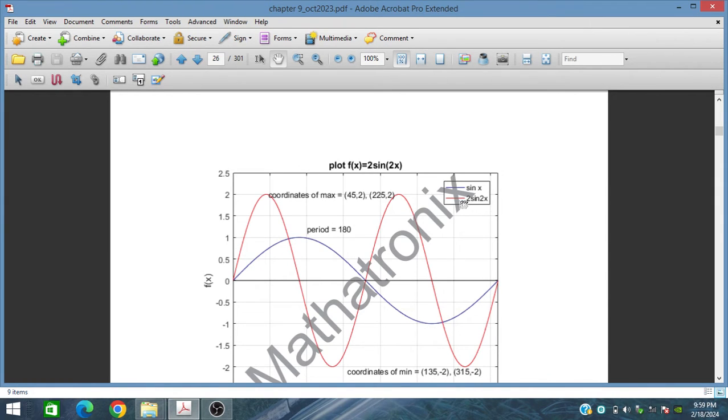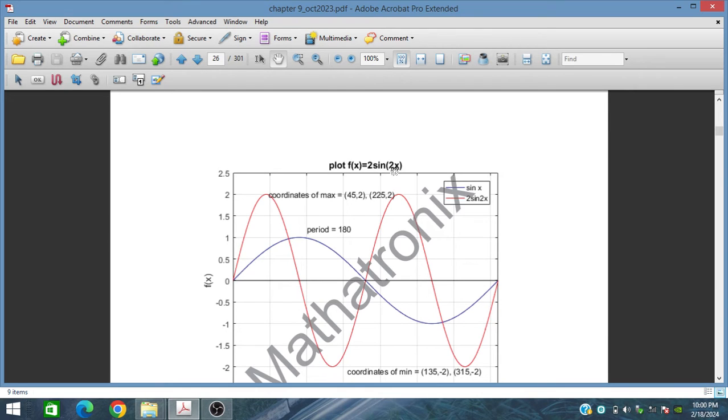But in the case of sine 2x, the period is halved. In sine 2x multiplied by 2, at 90 degrees, 90 multiplied by 2 is 180 degrees. So at 180 degrees we place the value of sine at 90 degrees.